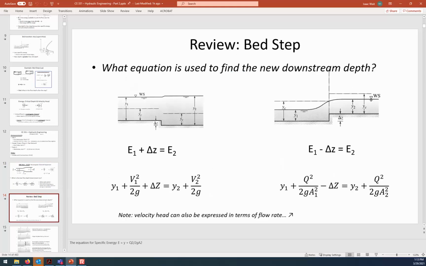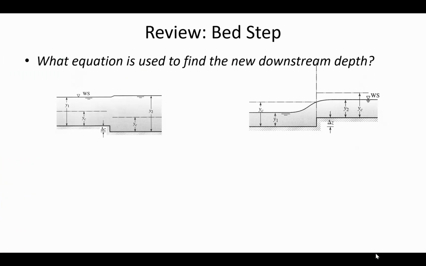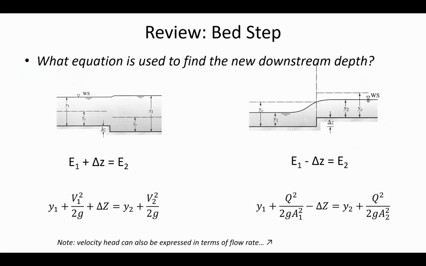So any one of those is going to give you the velocity head, but in this equation I just wanted to write them either way to illustrate that velocity head can be in terms of flow, and the convenience of that is that we often don't know what the new depth is going to be. So y2 is an unknown, and because the flow velocity depends on y2, it's easier for us to have that y2 unknown as part of the area.